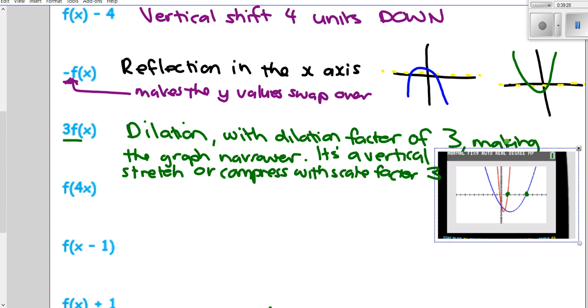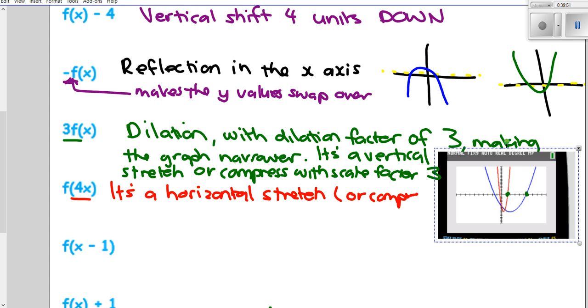Well, what is a vertical? Yeah, so this 3f(x), we call it a vertical stretch or compress, with a scale factor of 3. This one is called a horizontal stretch. You can also call them compression, so I'll put compress.